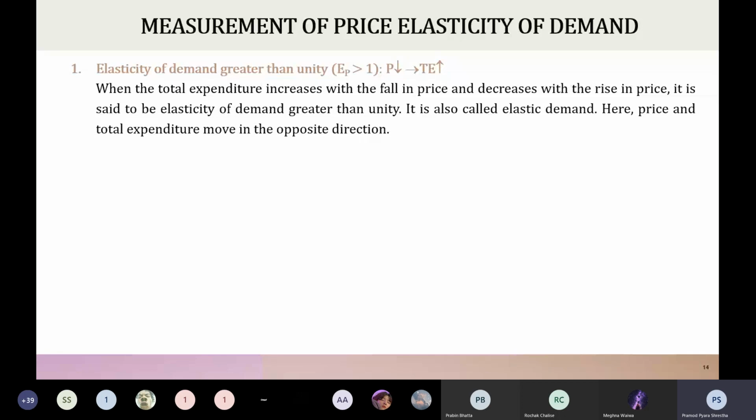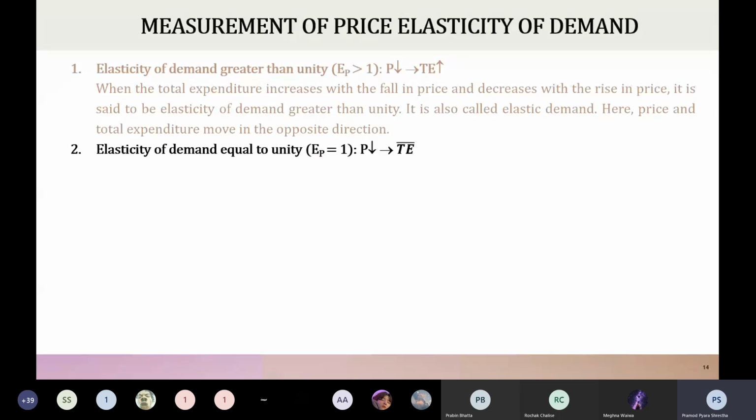This is the first case, and the second case as stated by this method is elasticity of demand equal to 1, where total expenditure remains constant with the fall in price. Now we can see here that total expenditure is a constant, so it does not show any response to the change in price. Whether price falls or rises, total expenditure remains constant.